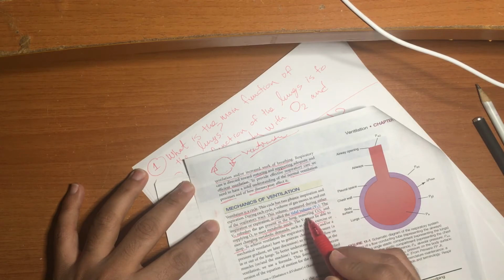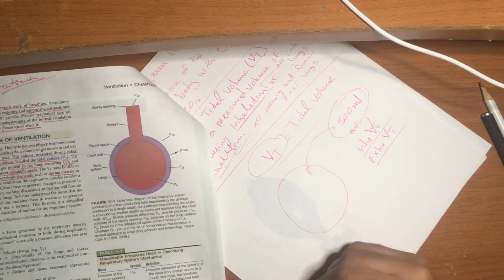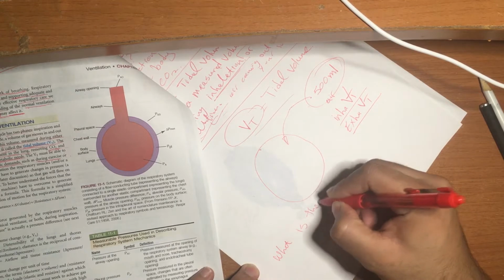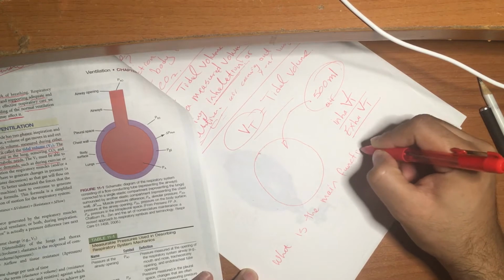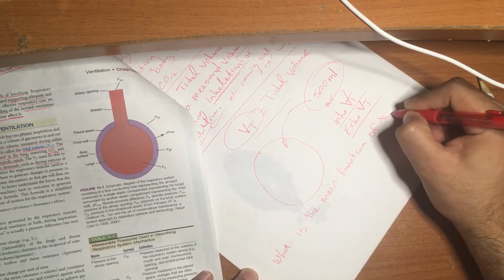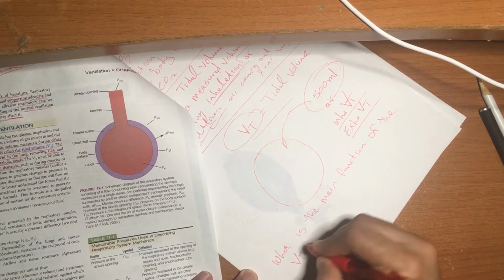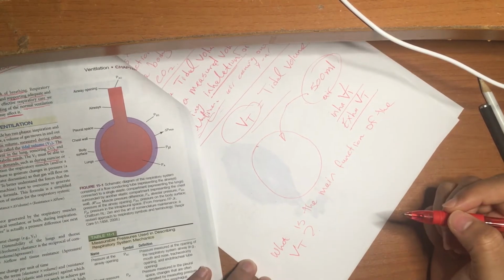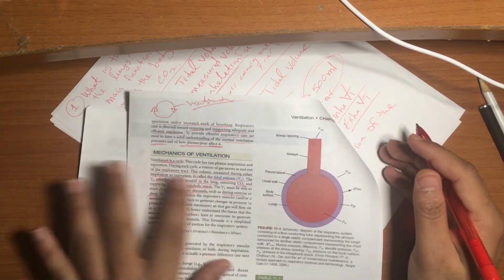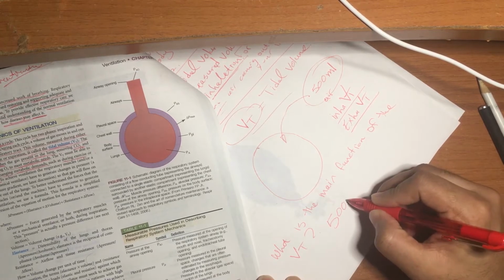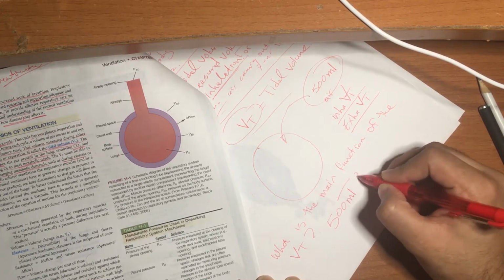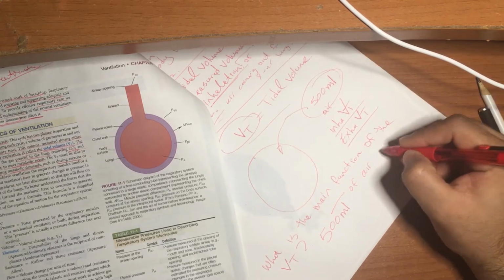So what is the main function of the tidal volume? As we read in this sentence, you have 500 ml of air that is from the outside.